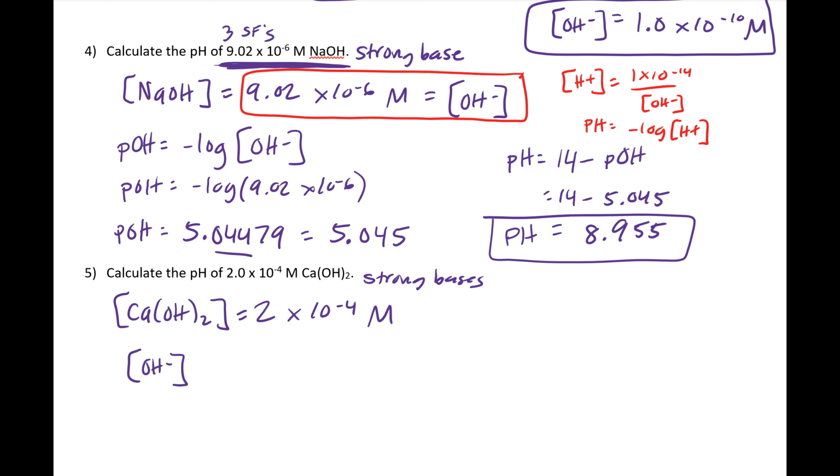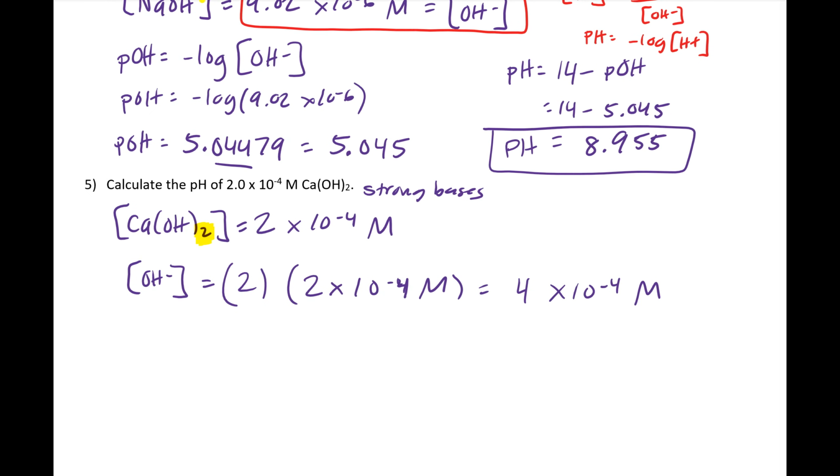The concentration of hydroxide is not just 2 times 10 to the negative 4 molar, and that's because in calcium hydroxide, for every 1 calcium hydroxide, there are 2 hydroxide ions. Look at that subscript there. So the stoichiometry tells me hydroxide is double the quantity of the molarity of the base. So this is 4 times 10 to the negative 4 molar as your concentration of hydroxide.